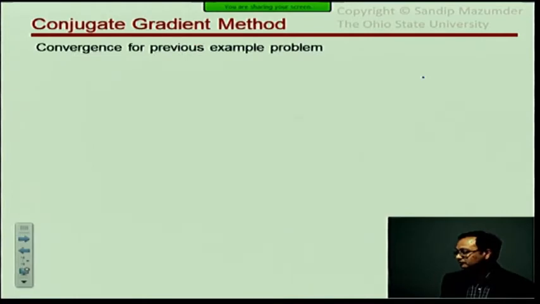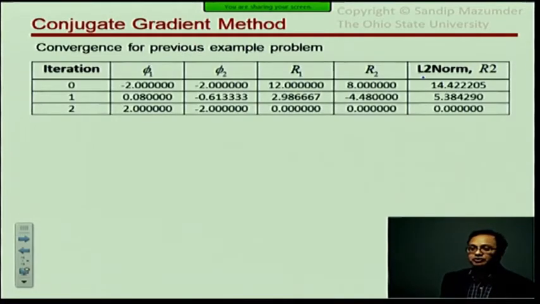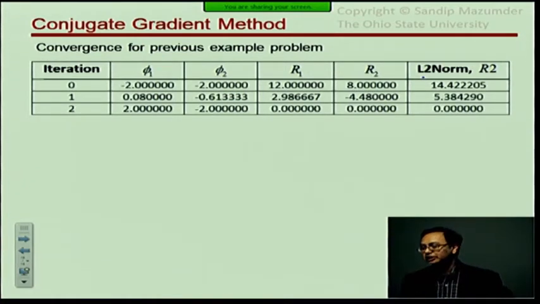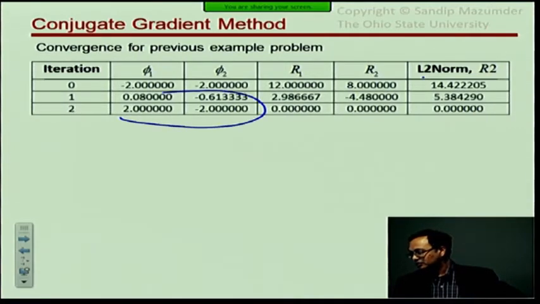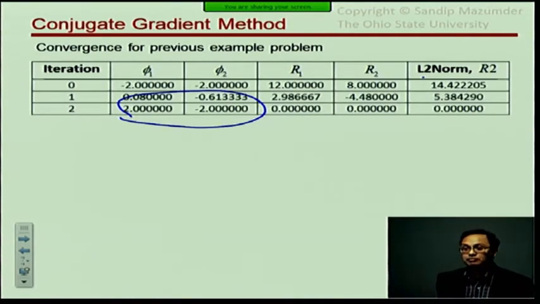Here is what you get for the convergence of the previous example. Okay, remember we had gone 10 iterations and we had plus 1.98 and minus 2. This is what you get with conjugate gradient. Okay, 2 iterations, you get exact solution. Okay, now here is what Lanczos also did.